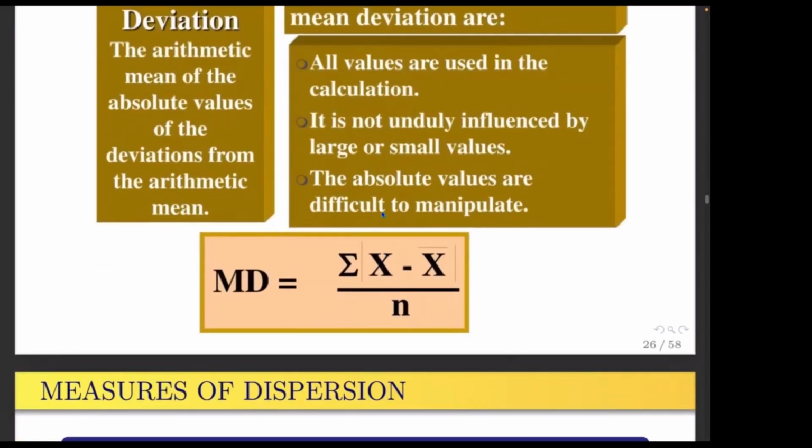So if you have 2, 5, 8, 11, 14, 17, 20, the mean here, as we computed, was 11.